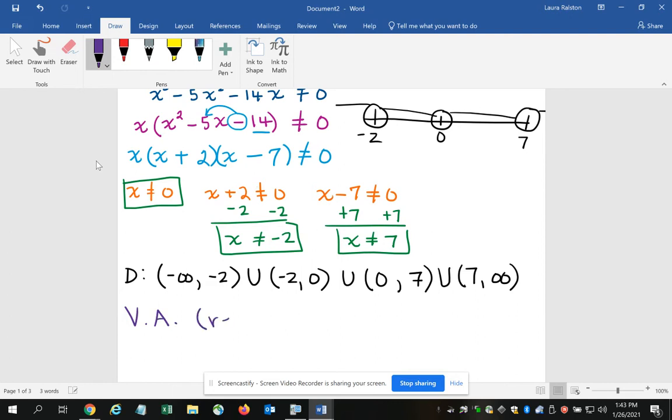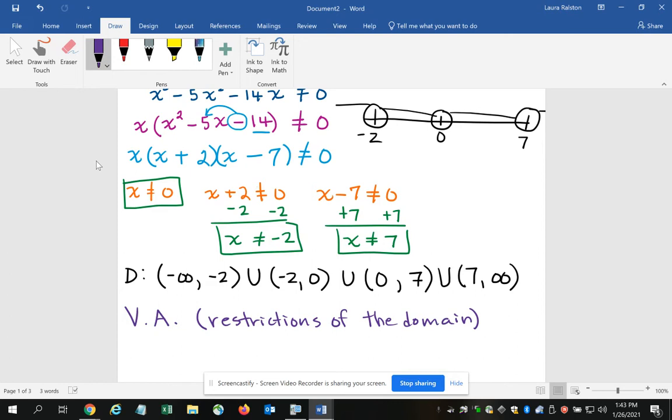The vertical asymptotes occur at the restrictions of the domain. If you were finding them from the beginning of the process, you would set the denominator equal to 0 or not equal to 0 and find those restrictions.